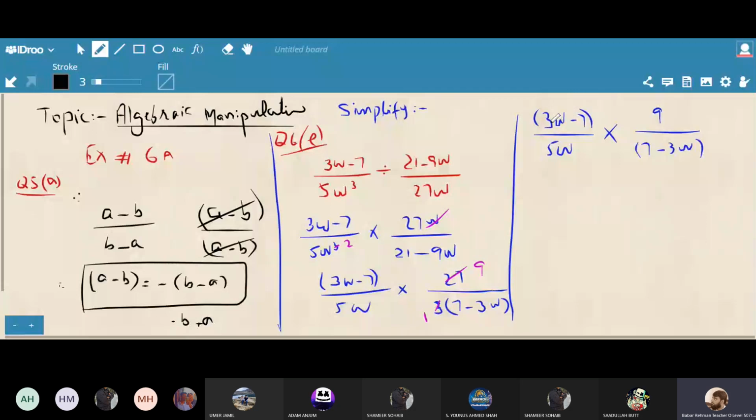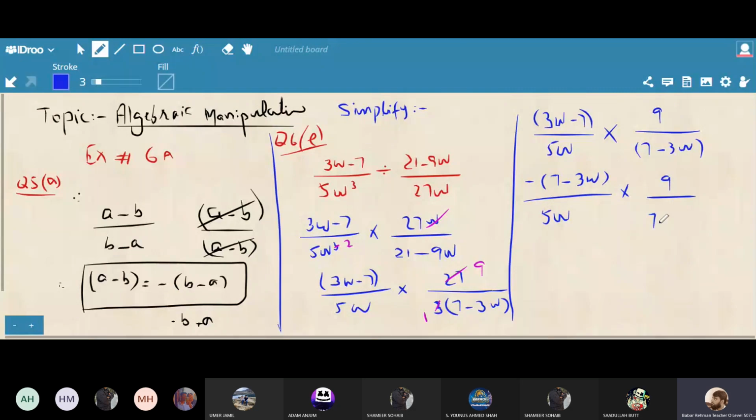So if I want to make this identity, can anybody tell me what it will be equal to? Yes, hurry up. Minus (7 minus 3W). Okay, take minus outside and change the sign inside the bracket. Hope you understand.